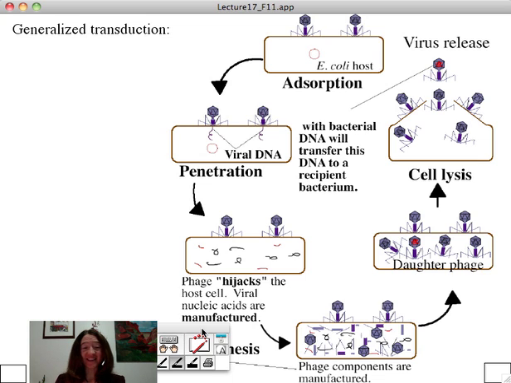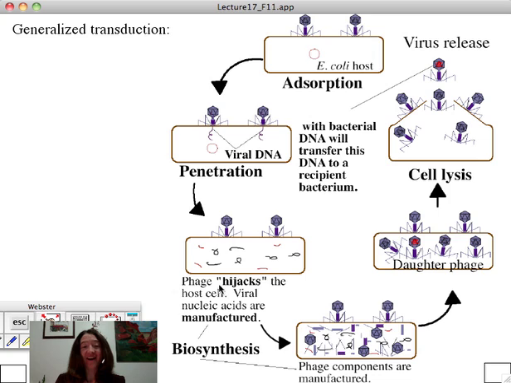Everybody recognizes the "all people buy moldy lemons" sequence of events that we see within bacteriophage replication in the lytic pathway. This is the pathway in which generalized transduction takes place. Notice right after penetration, some of the early genes expressed in the biosynthetic phase are those that encode for the cleavage of the host DNA.